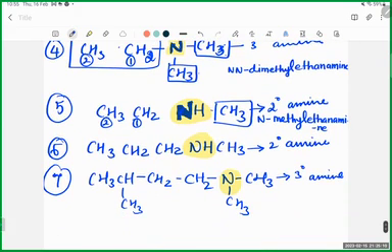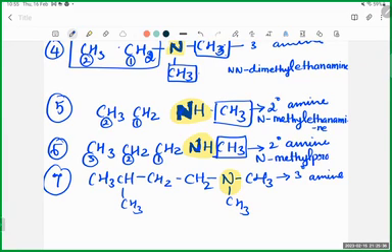It will take some time. So now here we go. N-substituted again, the same, but the number of carbons is more. So you try this by yourself, Hridaya, taking help of the previous example, the fifth one. N-methyl propanamine. Yes, Hridaya. Go ahead with this.